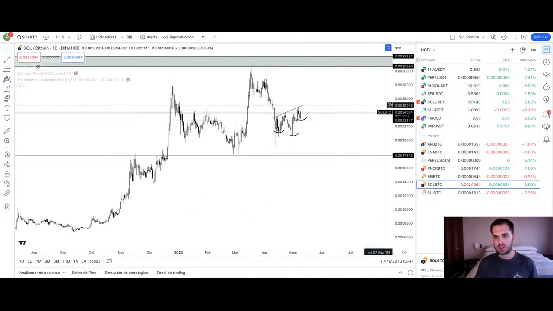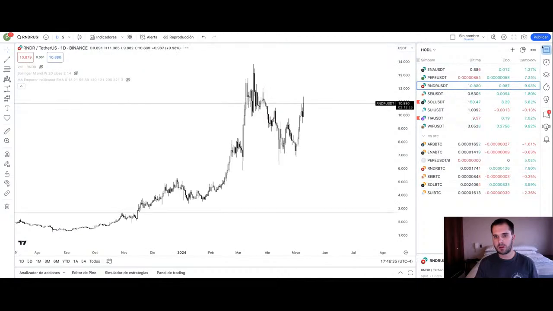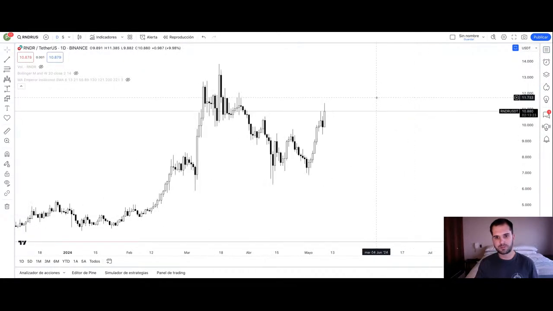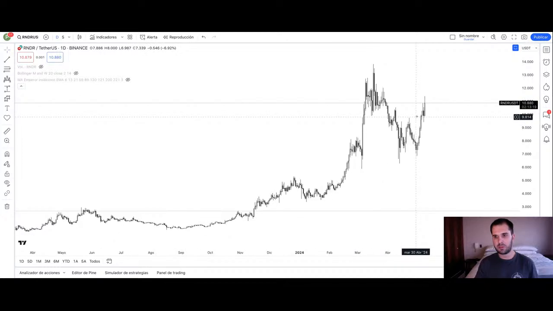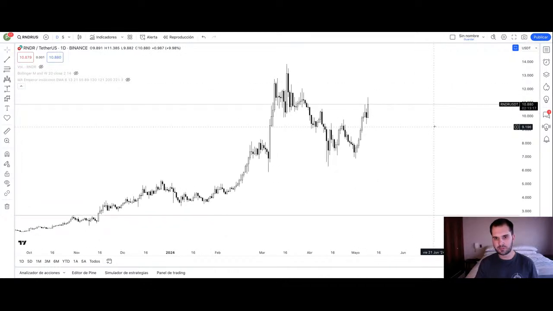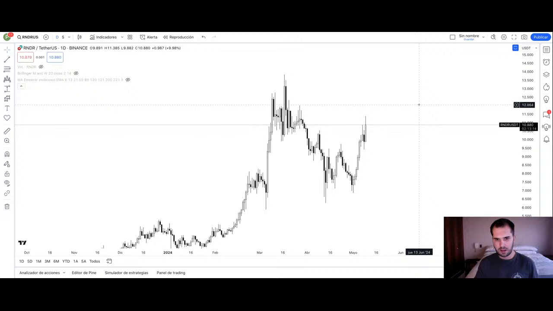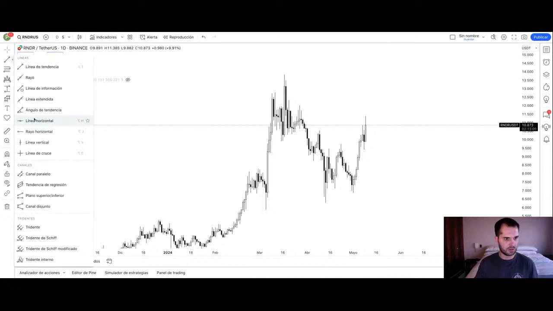When I look at big performing altcoins, Render is basically in price discovery. I would say the level to close above could be maybe this one, $12. It's also a psychologically important number.